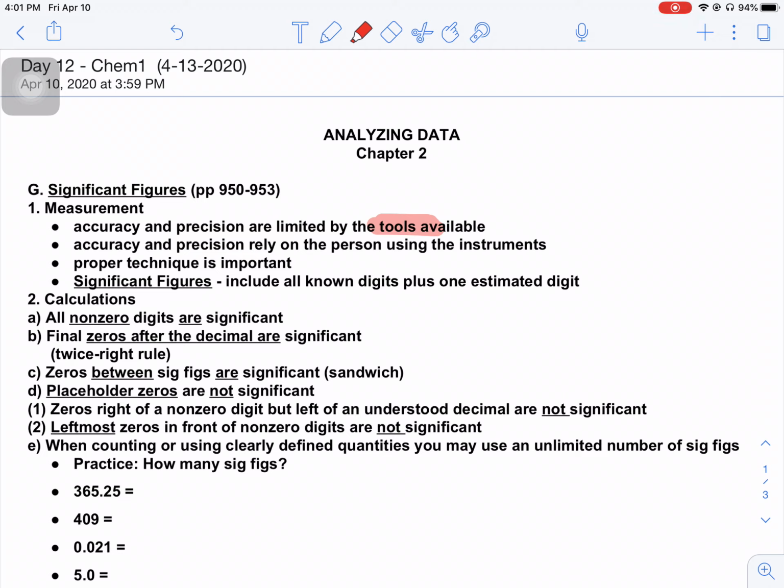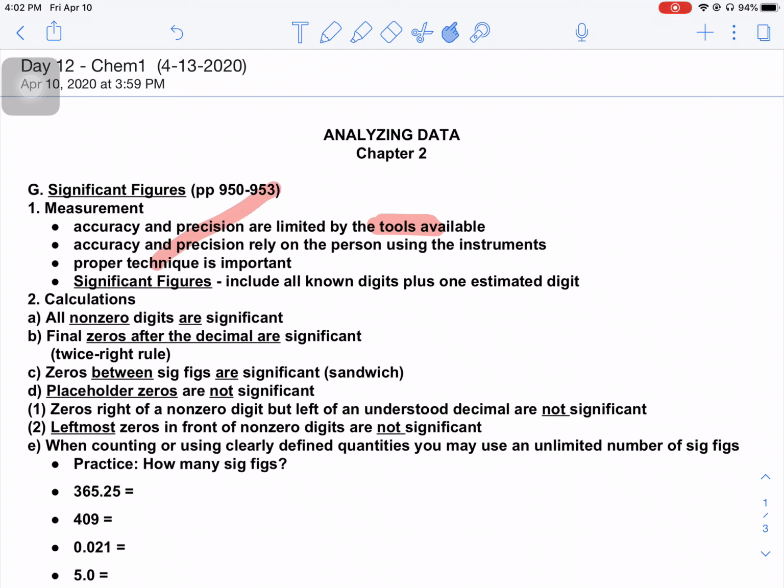There are a couple of different ways we can look at sig figs. We can look at sig figs just by identifying them by looking at numbers, but then tomorrow we're going to focus more on how many sig figs you keep when you actually do mathematical computations. Before you do mathematical computations, you need to understand how to recognize significant figures.